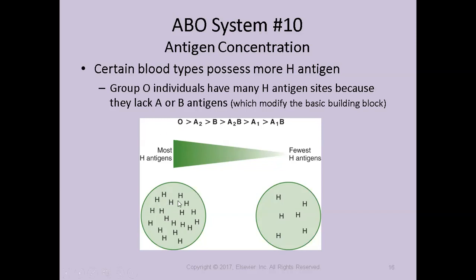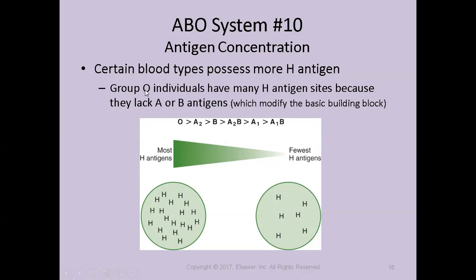And let's think about this for a minute. When someone inherits 2 O alleles and they're type O, remember O is an amorph. It really doesn't code for an enzyme to transfer any sugar to the L-fucose. So it would make sense that they have a lot of H antigen sites because it hasn't been modified into an A or a B antigen, because O is an amorph.